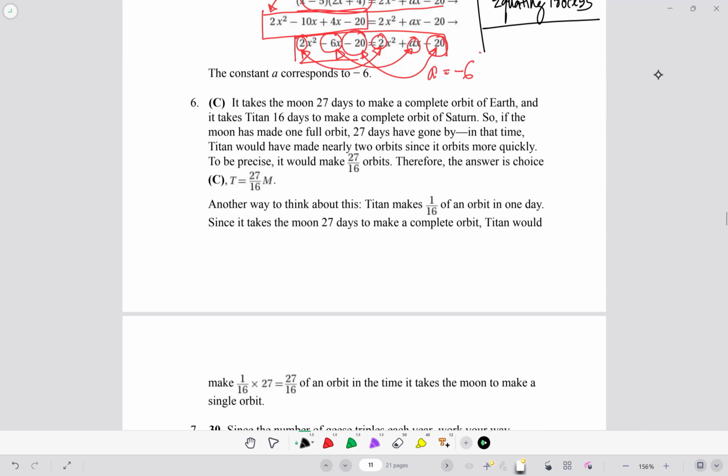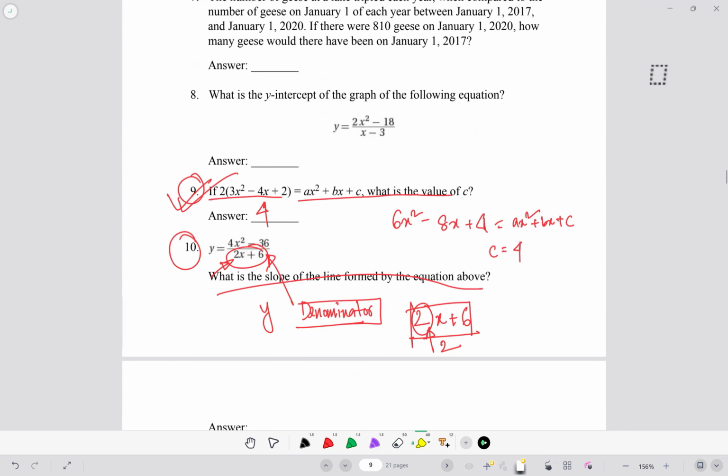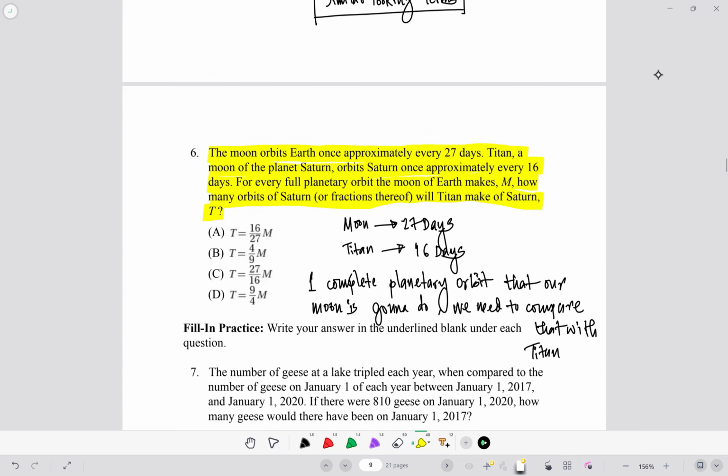It's a very, very simple problem. You just need to make some divisions, because they've already given you the solution by writing these sentences. For the moon, it takes 27 days; for Titan, it takes 16 days.